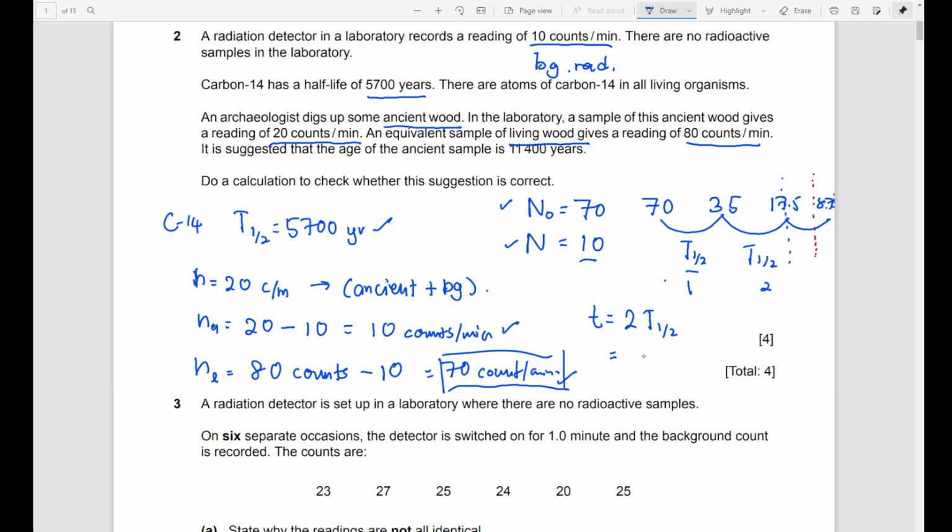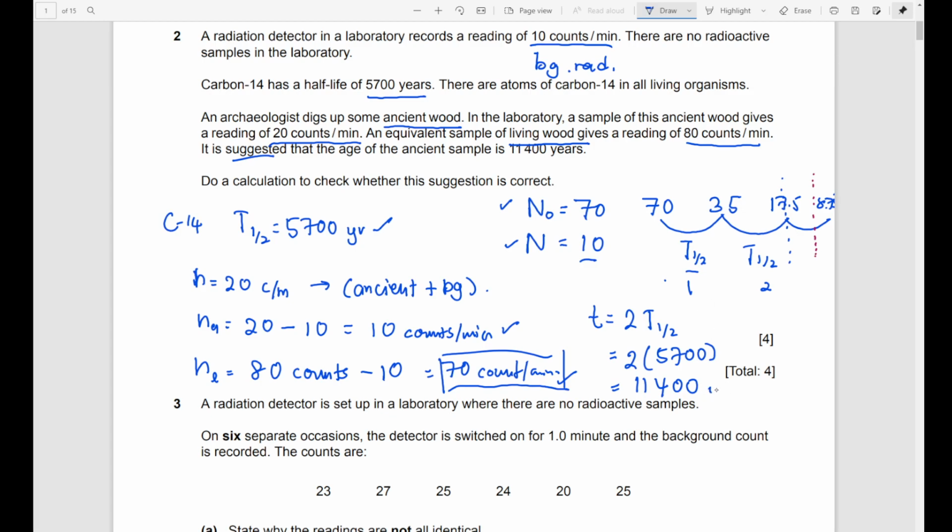So we multiply 2 times 5700, and we will get 11400. So it follows what had been suggested here. It is 11400.